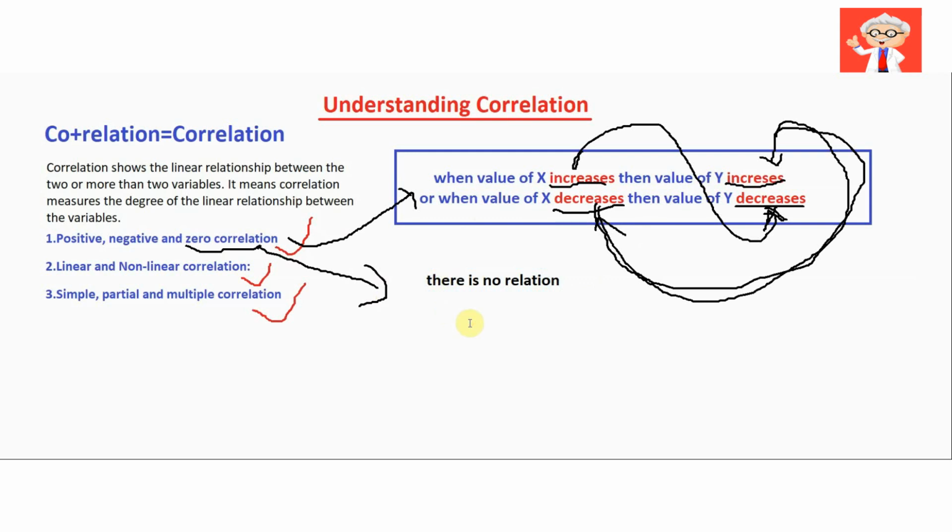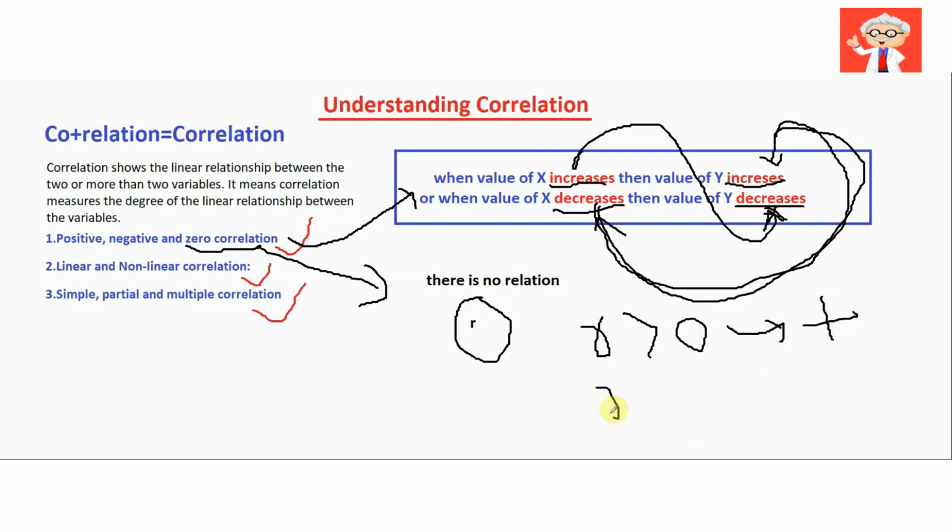We denote correlation by r. When r is greater than 0, it is called positive correlation.